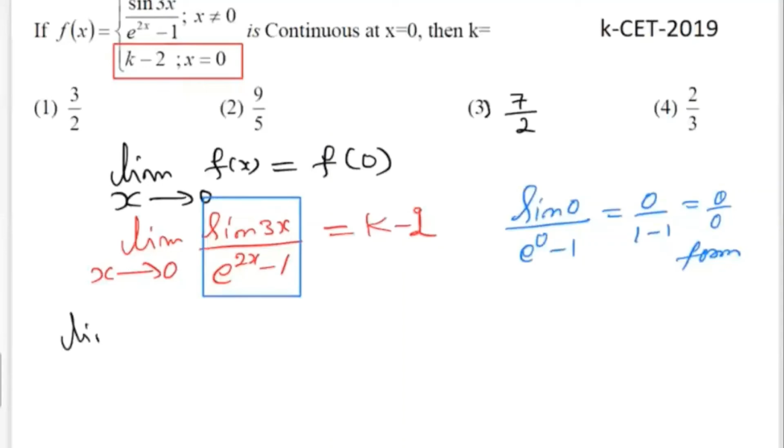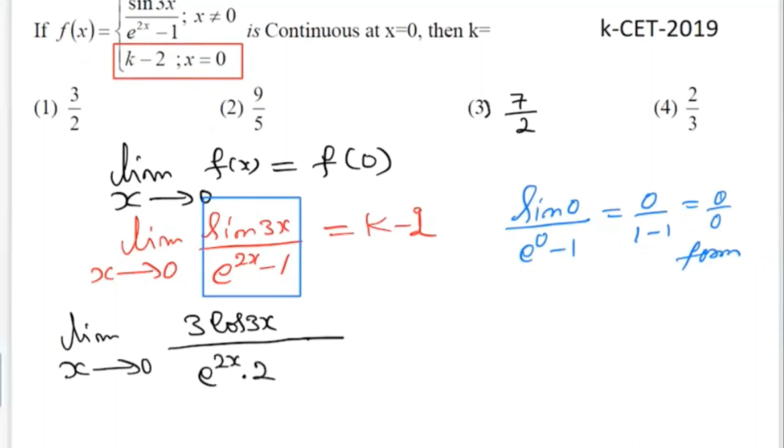For that, you need to differentiate numerator and denominator separately. This is 3 times cos 3x, that is the derivative of sin 3x. The derivative of e power 2x is e power 2x into 2. The derivative of 1 is 0. So k minus 2 as it is.